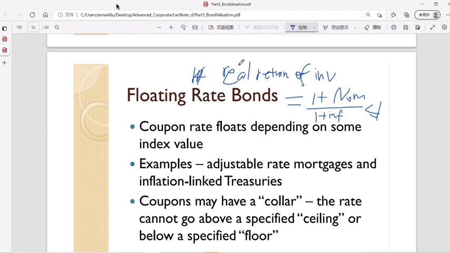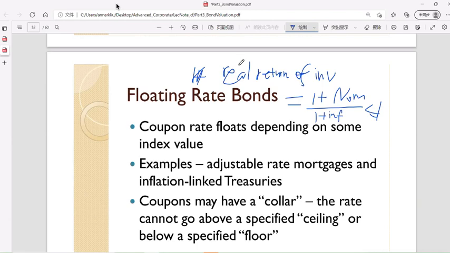Actually, for U.S. government bonds, U.S. Treasury, some of the U.S. Treasury actually have negative real interest rates, because the nominal rate is around 2 to 3%, and the current inflation in the U.S. is 7%.